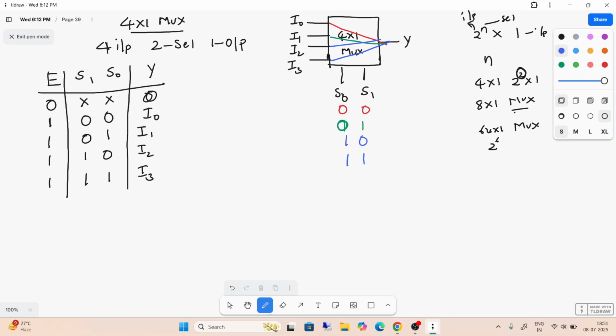So what is the Shannon's equation, or the output equation?